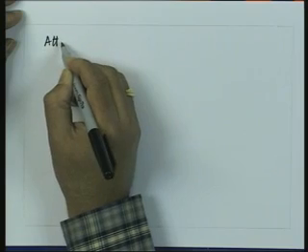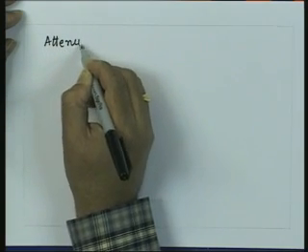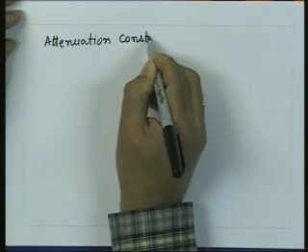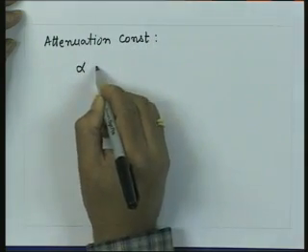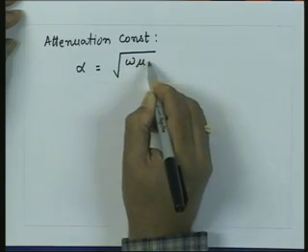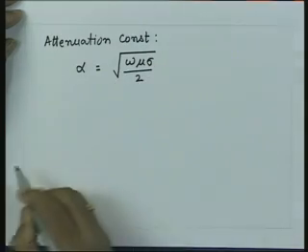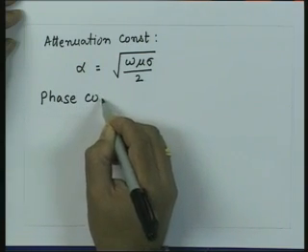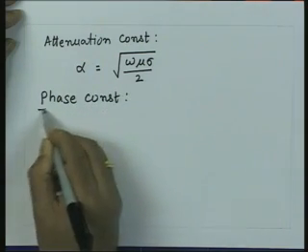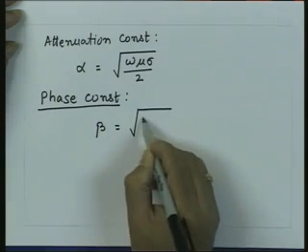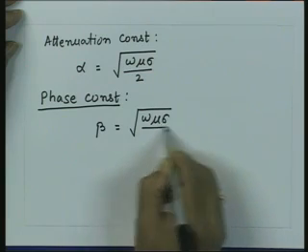We have for this medium the attenuation constant alpha equal to square root of omega mu sigma upon 2, and the phase constant beta equal to square root of omega mu sigma upon 2.